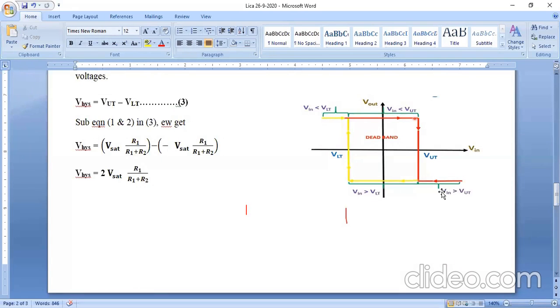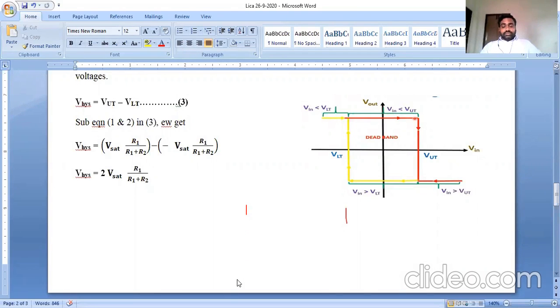That means the voltage at lower threshold is less than the input voltage, which is less than the upper threshold. So this is the analysis of bandwidth and hysteresis for the inverting Schmitt trigger.